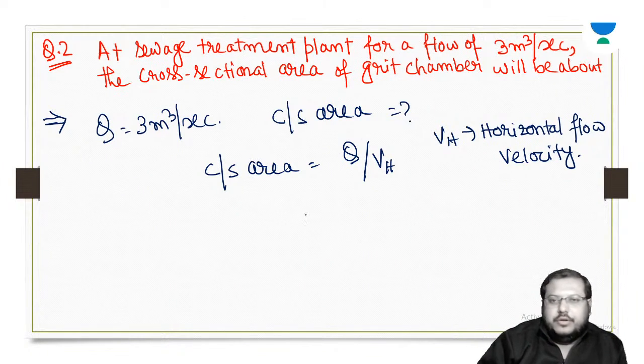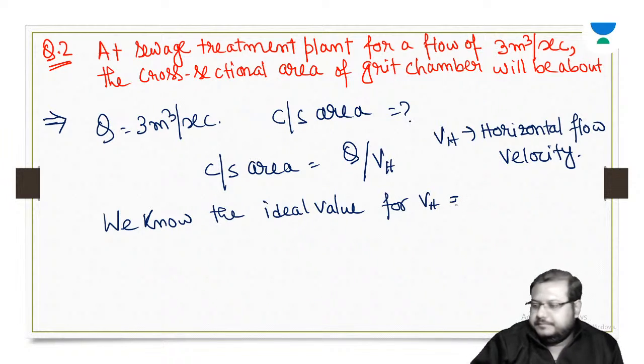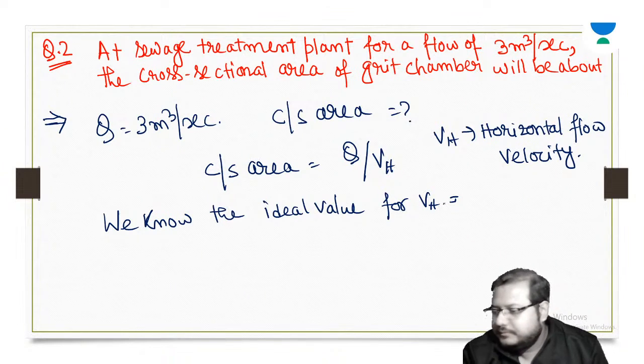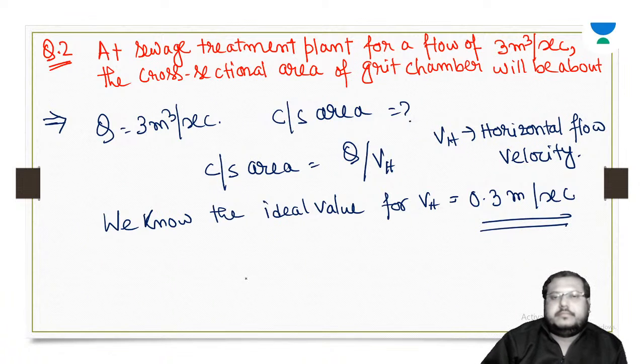But the idea we know, the ideal value for VH is 0.3 meter per second that you have to take.